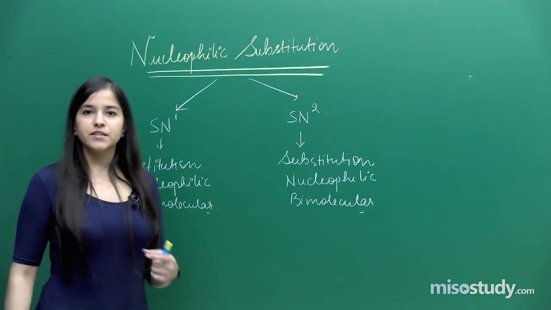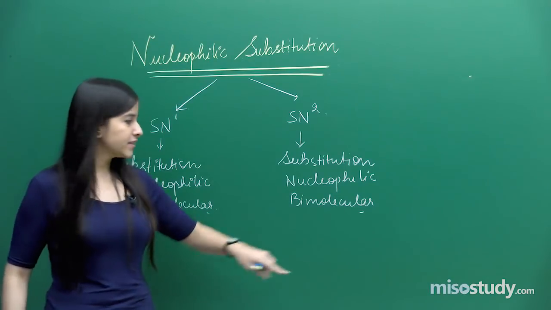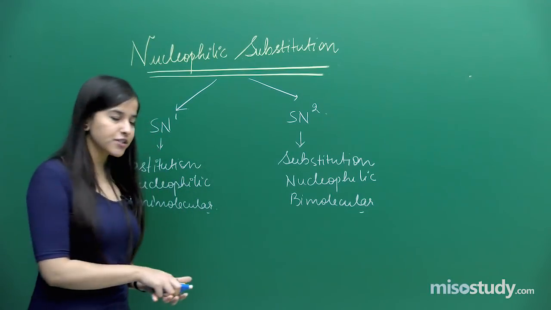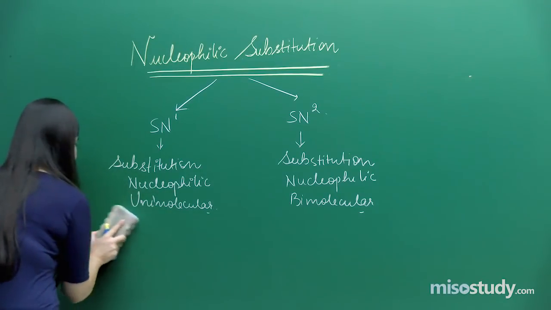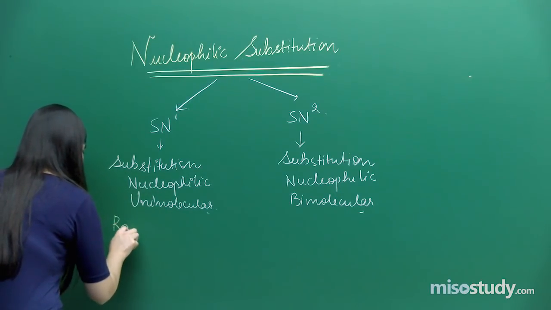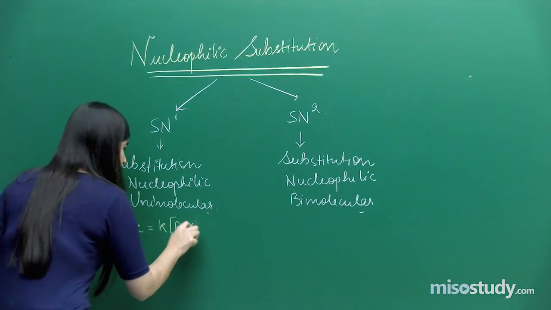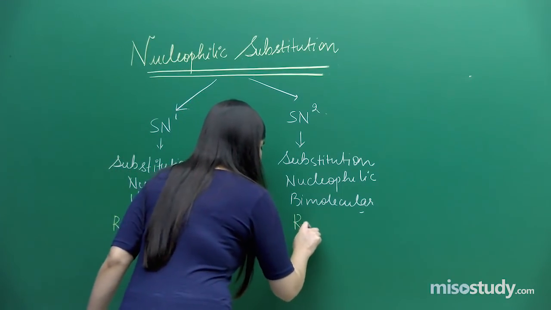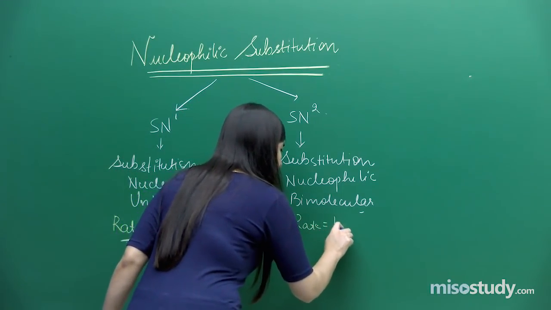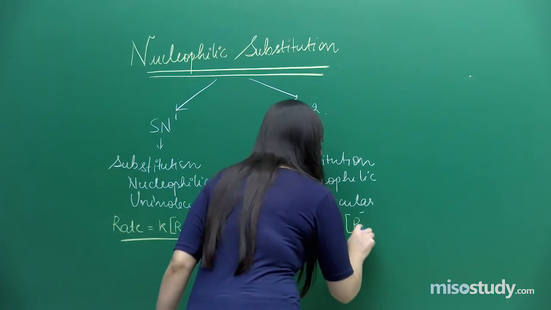Uni because it stands for 1, that is, the order for the rate equation is 1. Here the order for the rate equation is 2. So the rate depends upon the concentration of the alkyl halide, right? And here the rate depends upon the concentration of the alkyl halide along with the nucleophile which is taken.